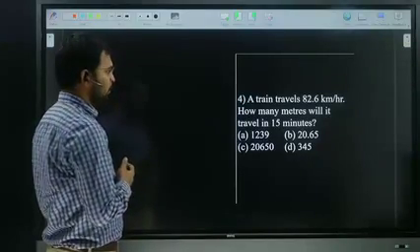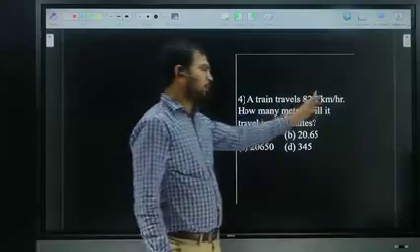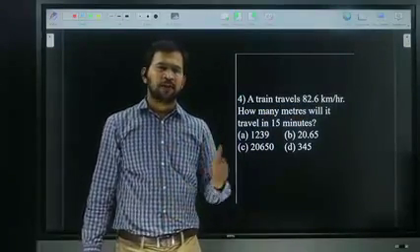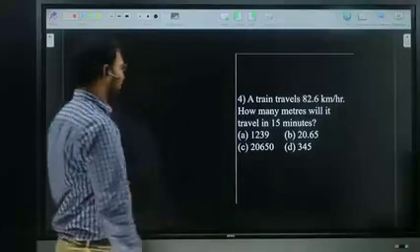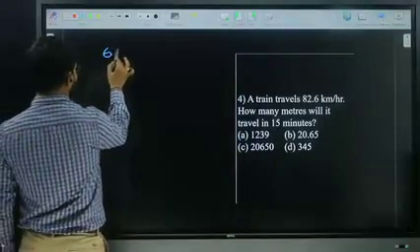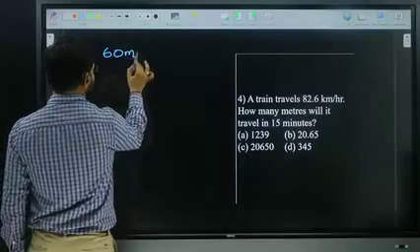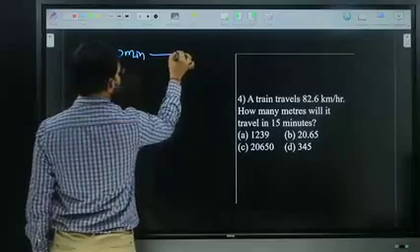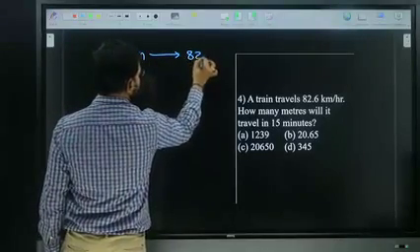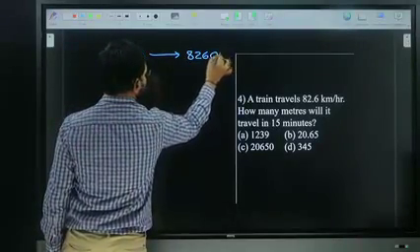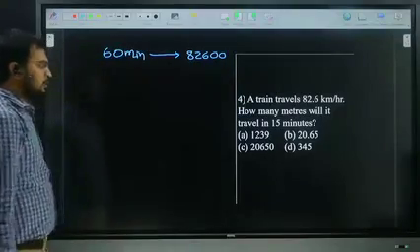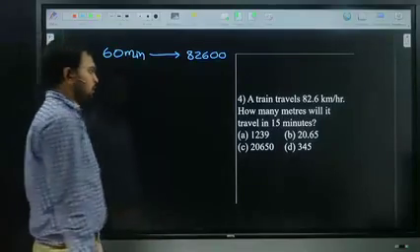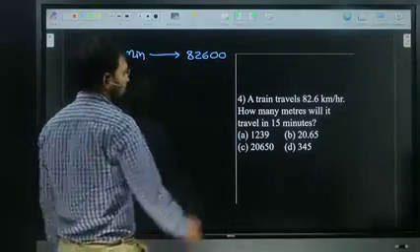So 82.6 km per hour is nothing but 82.6 km in 1 hour. 1 hour is 60 minutes. 82.6 kilometers is 82,600 meters. They're asking how many meters in 15 minutes.